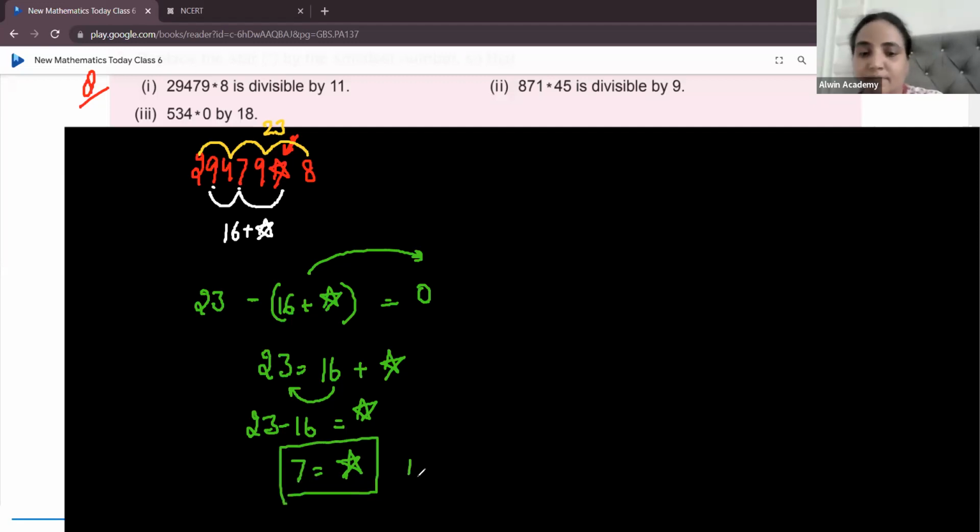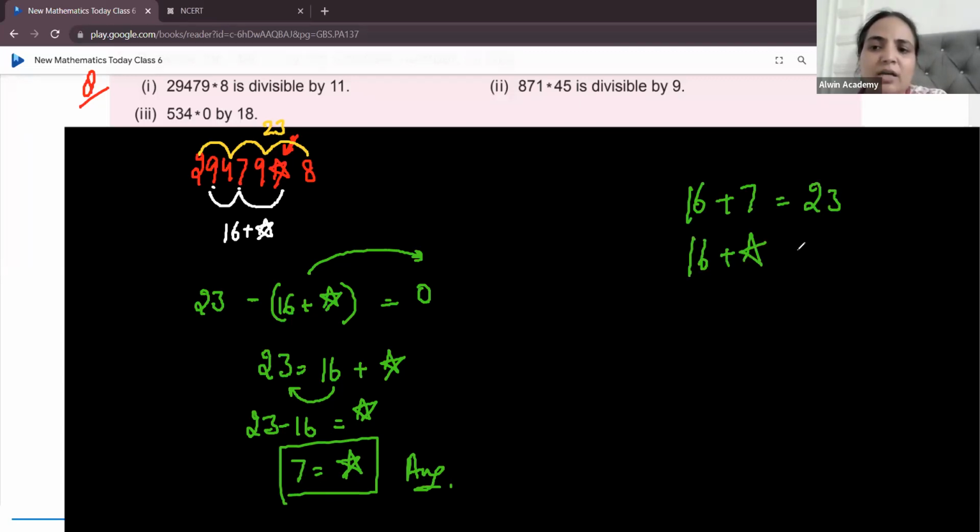That's the answer. You can do it logically also. No need to solve this as a simple equation. What you can do here is 16 plus 7 equals 23, and 16 plus star equals 23. This is equation 1, this is equation 2.